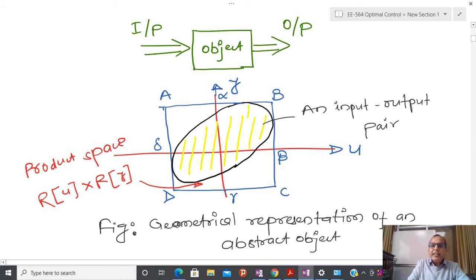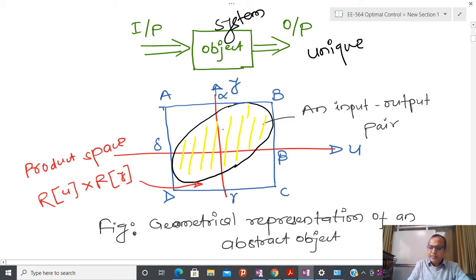If I give some real number as input, and I get a unique real number as output, or if I give some real valued function, and I get a unique real valued function as output, then this particular object is called a system. So we only define a system if our output is unique.